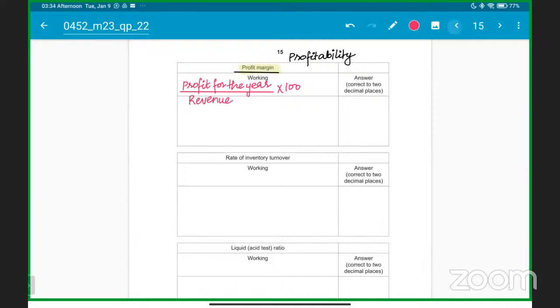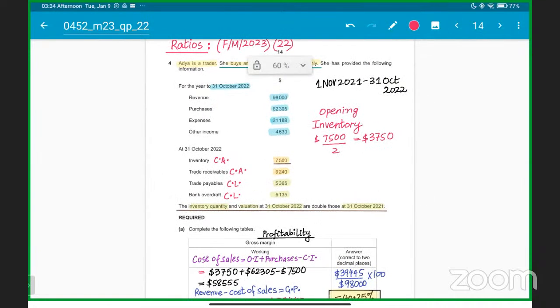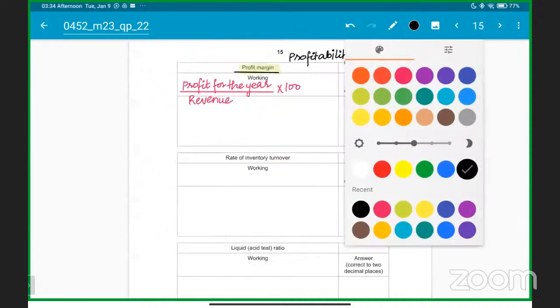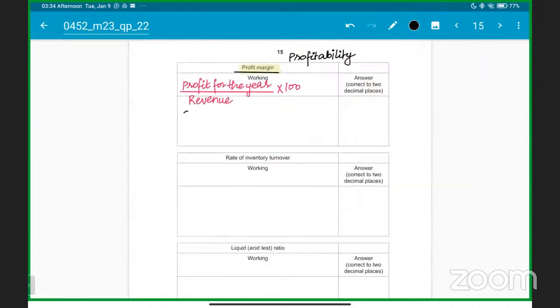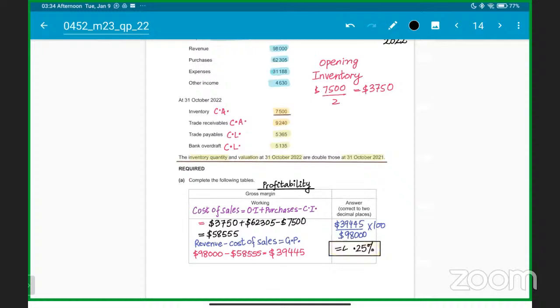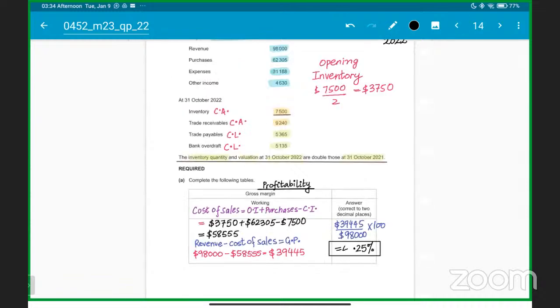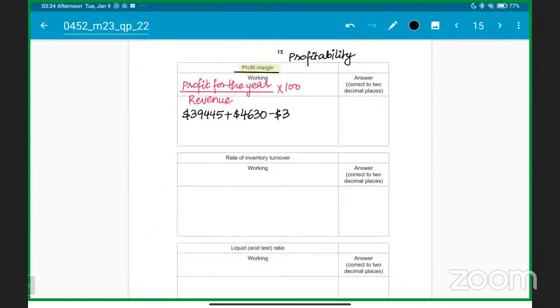Now we need to see how much. So we have the gross profit already. The gross profit was how much? The gross profit was 39,445. So you're going to start there, with 39,445 as the gross profit. And what do you do in the income statement? You add the other incomes. There are some other incomes, right, students? So we add the other incomes, that is 4,630, and subtract the expenses, that is 31,188.